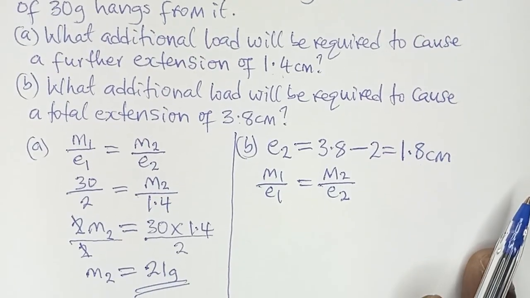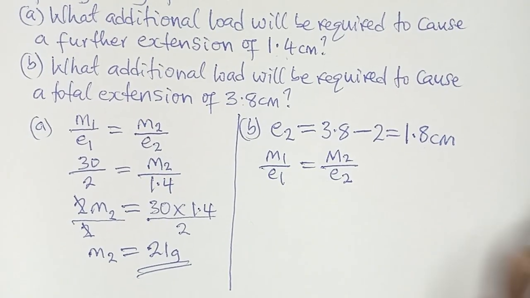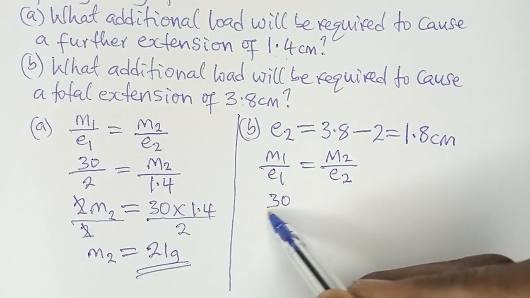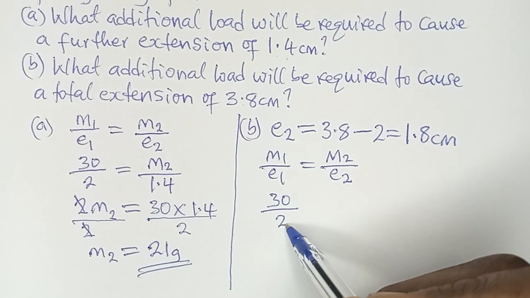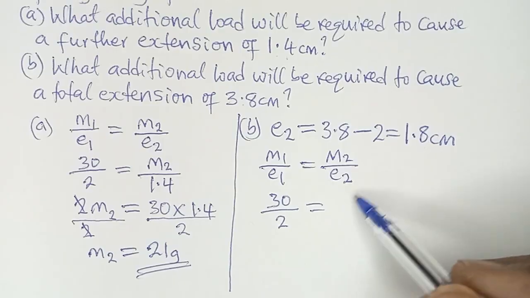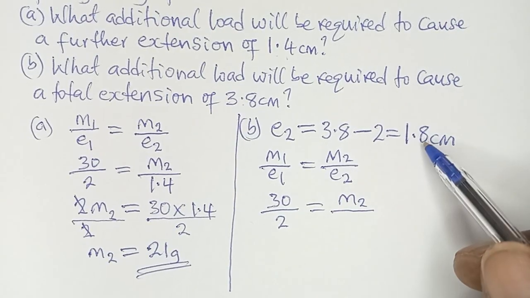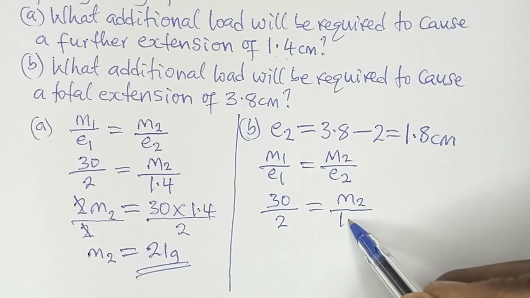So in that case, we can substitute values now and get our answer. The first load, which is 30, caused an extension of 2 and is equal to the additional load, which is what we are looking for, caused an extension of 1.8.